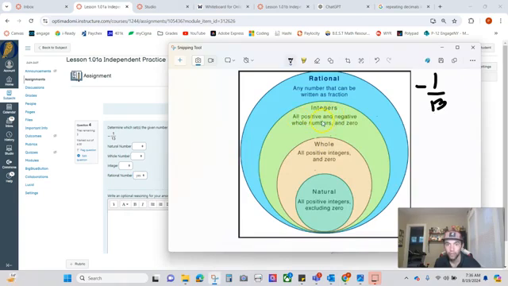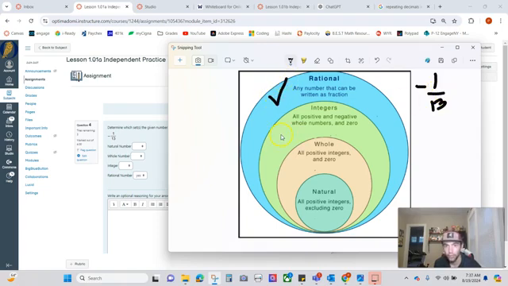An integer is all positive or negative whole numbers, or 0. That means any positive or negative counting numbers, like 1, 2, 3, 4, 5, a million, 2 million, negative 1, negative 2, negative 3, negative a million, negative 2 million, but it does not include fractions or decimals.